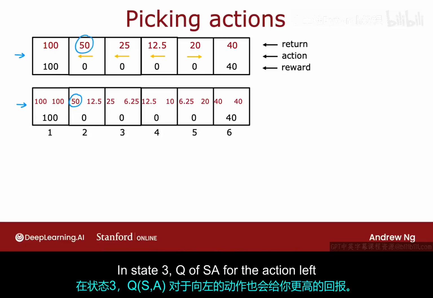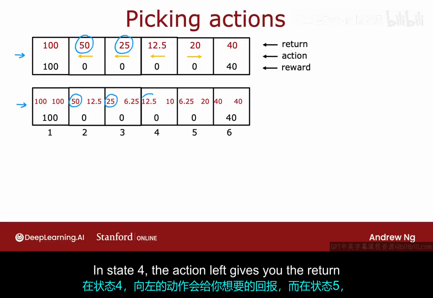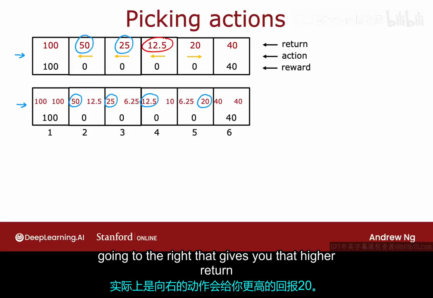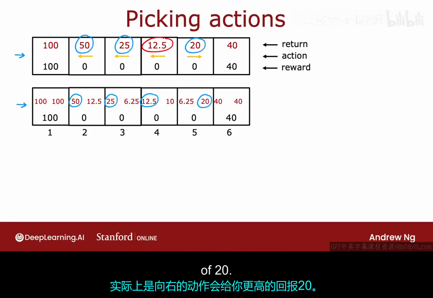In state 3, Q of S, A for the action left also gives you that higher return. In state 4, the action left gives you the return you want. And in state 5, it's actually the action going to the right that gives you that higher return of 20.